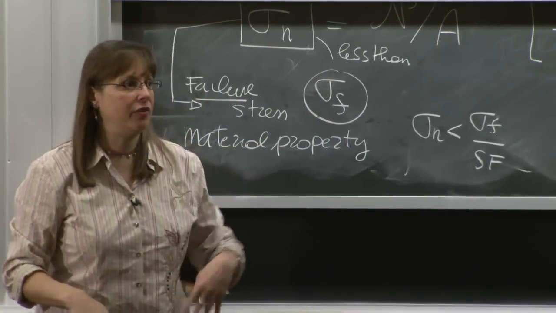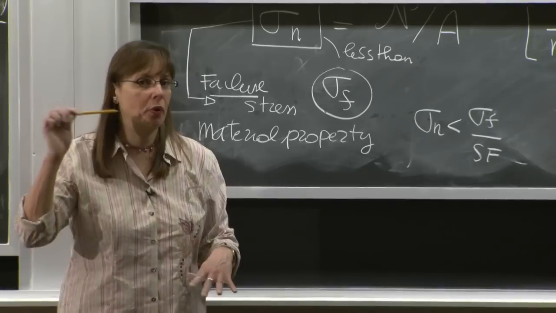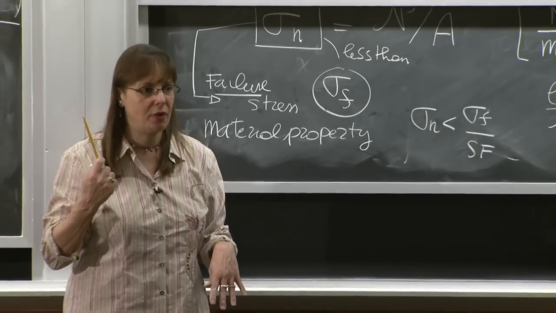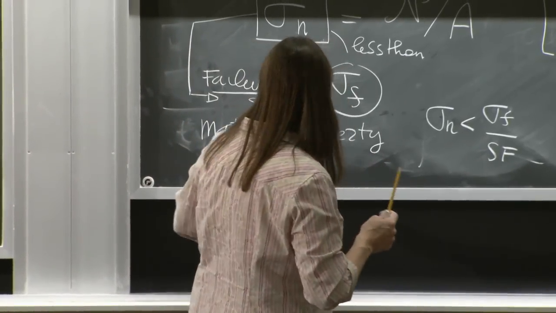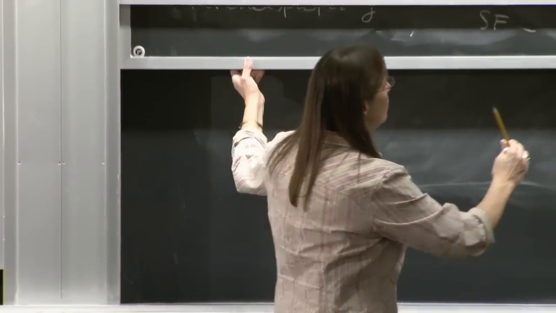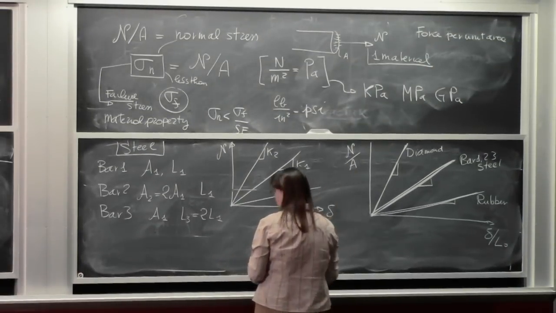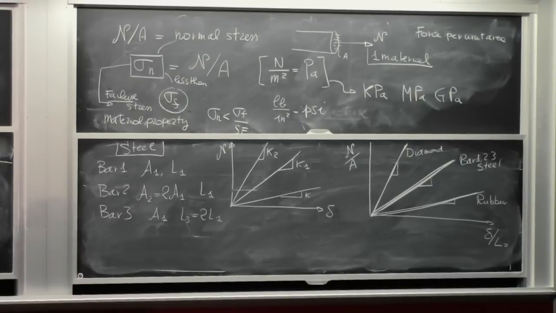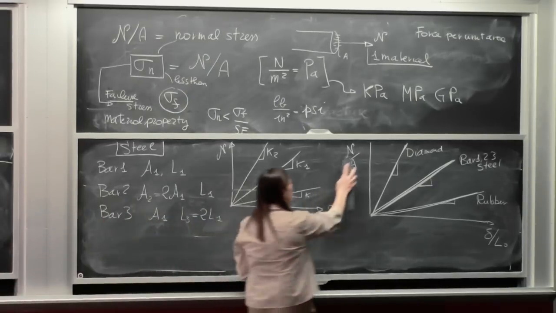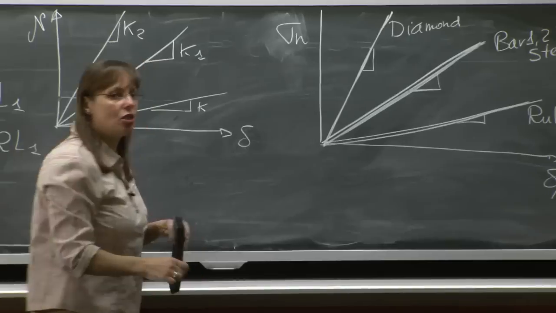Half of sigma f, a third of sigma f, right? To be safe that you don't poke your cheek with the tip of the pencil. That's a very bad idea, okay? So this is good. Stress is important. So now here, instead of simply writing N over A, I'm going to take N over A away, because I know that now my N over A is going to be called sigma n, stress.